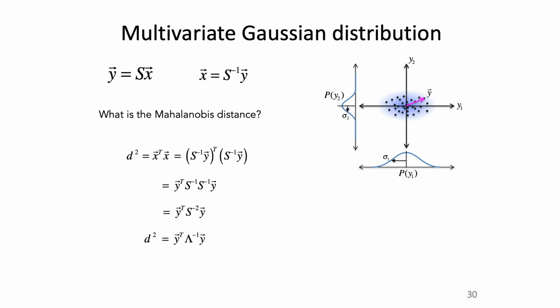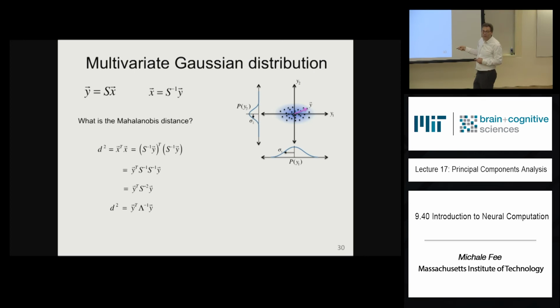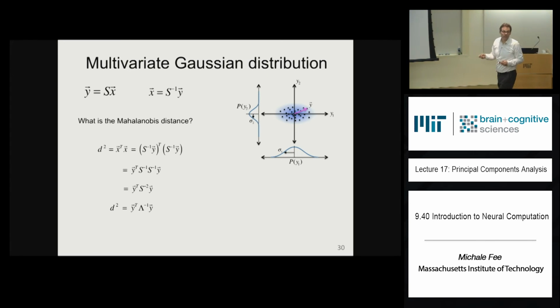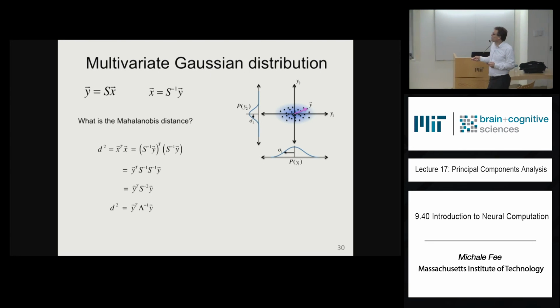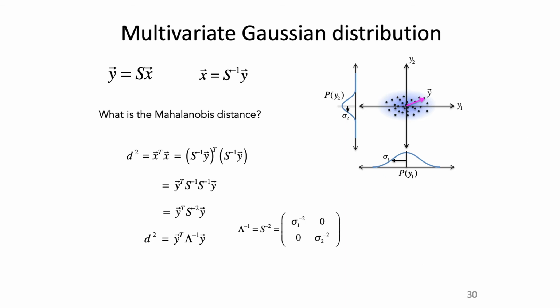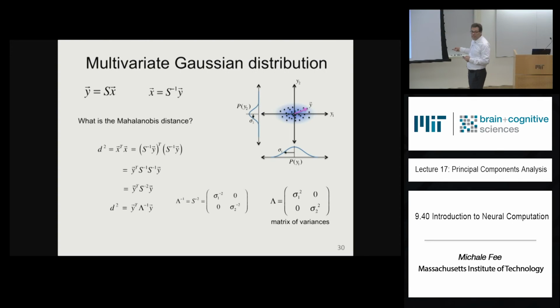And we get an S inverse squared here, which we're just going to write as lambda inverse. Okay, and you can see that you have these variances along the diagonal. So if that's lambda inverse, then lambda is just a matrix of variances along the diagonal.